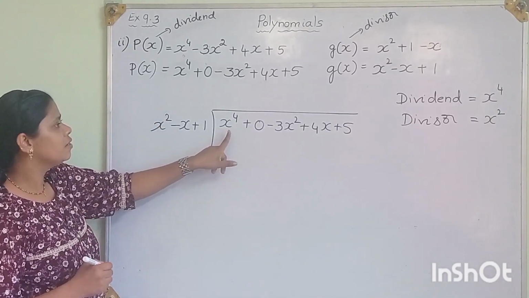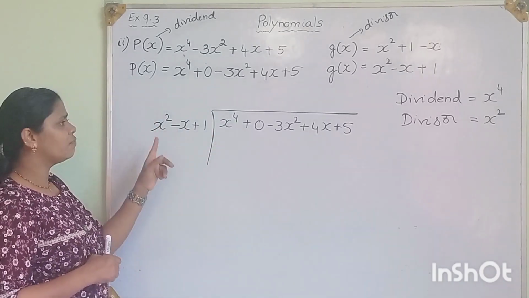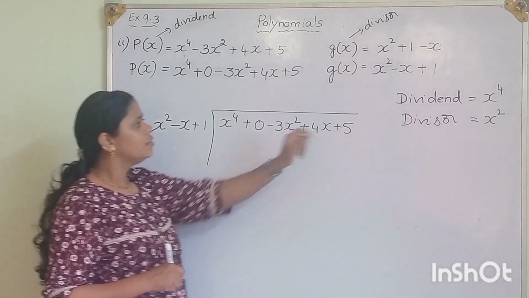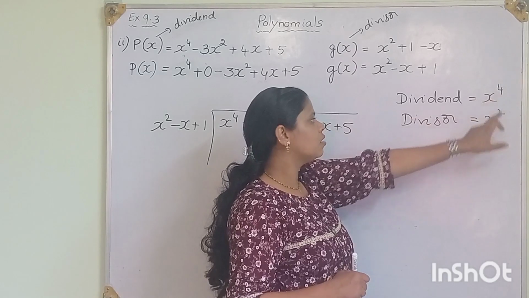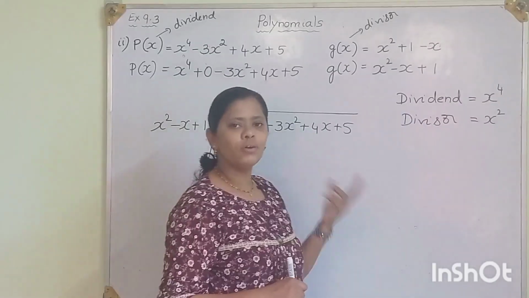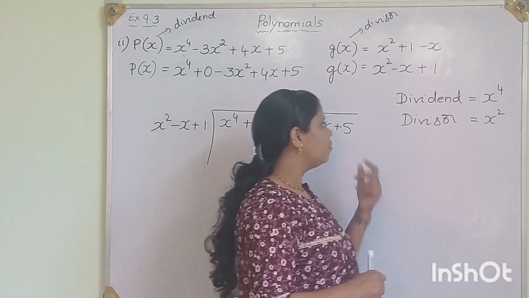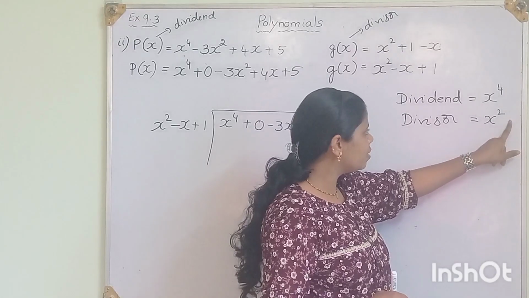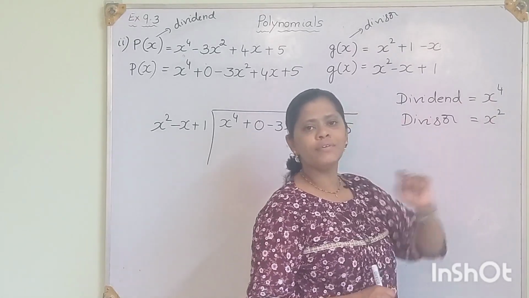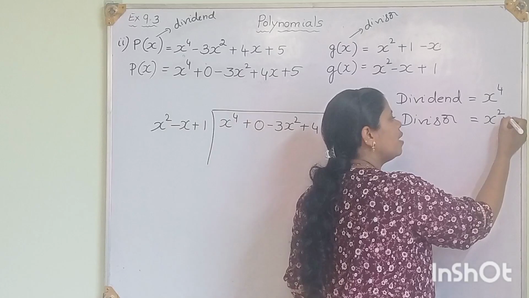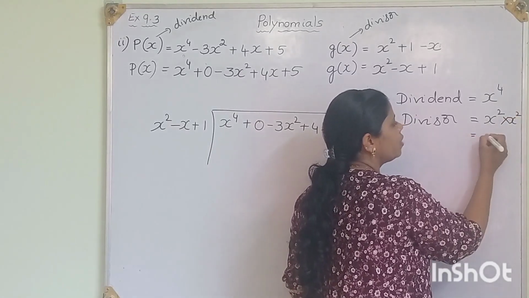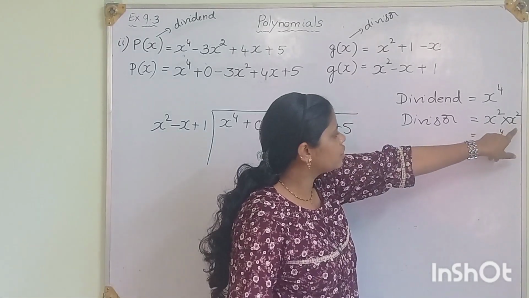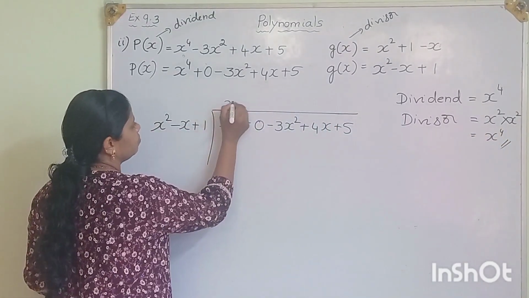We know that the degree of the dividend is more compared to the divisor, so we can divide. Now tell me what I have to multiply here to get x to the power of 4 as our answer. We have to multiply x square so that we will get x to the power of 4, right? Therefore, this x square I will write here.